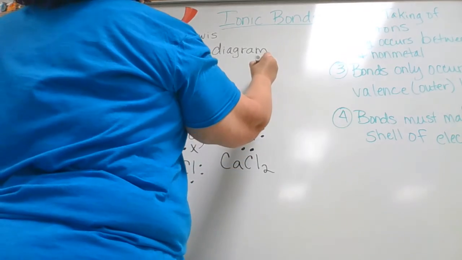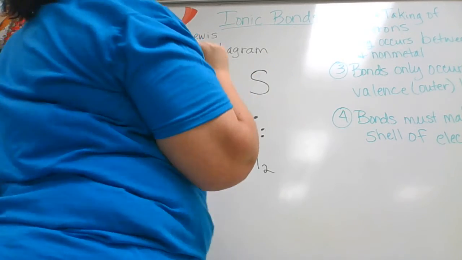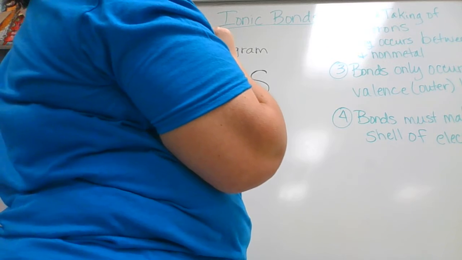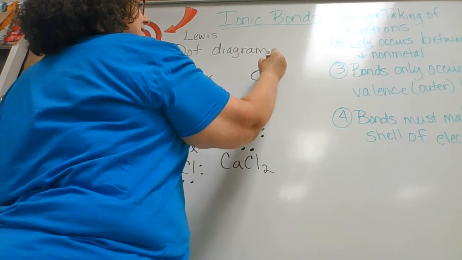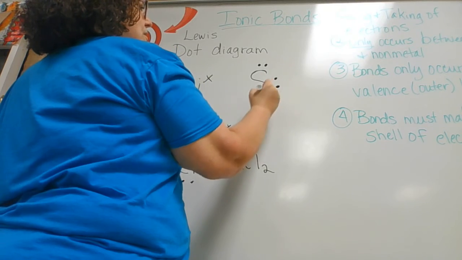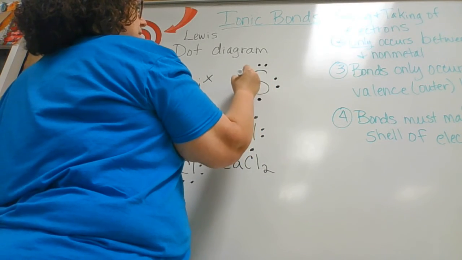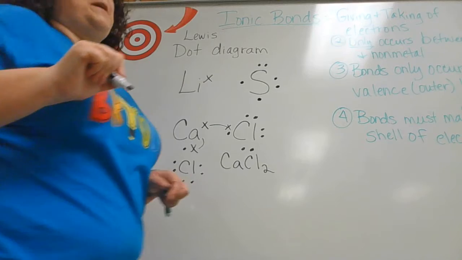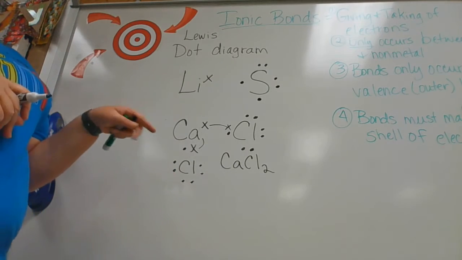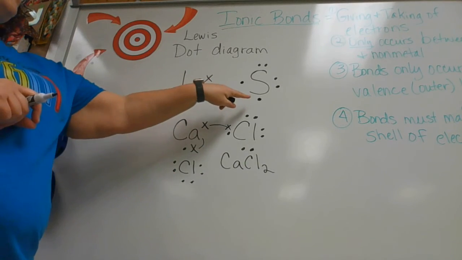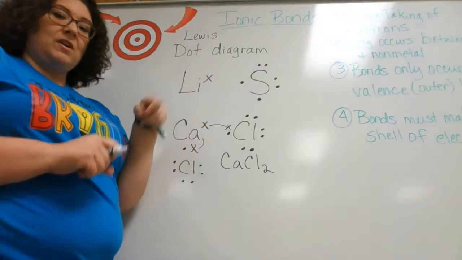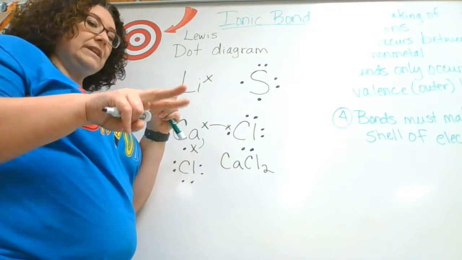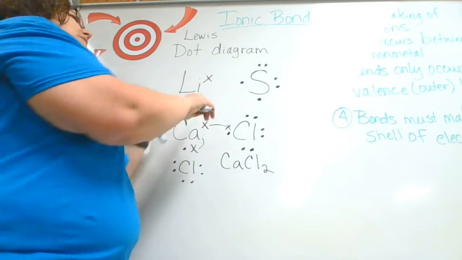And then sulfur is in group 16, which means it has 6 electrons around it, okay? Now, sulfur has to fill up both of these spots. It needs 2 more electrons, okay?